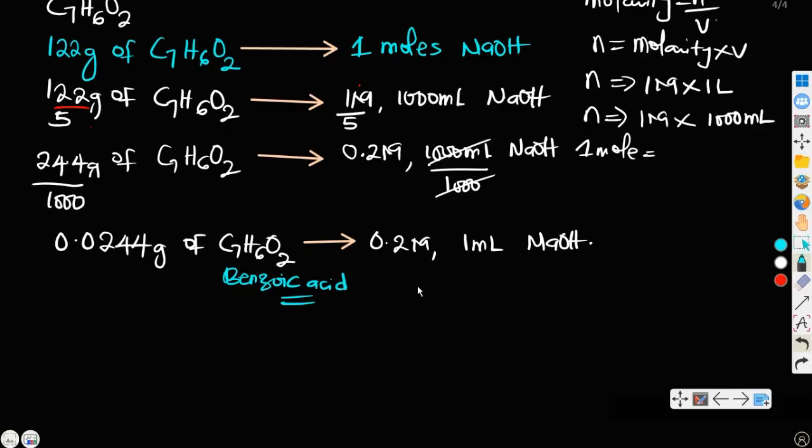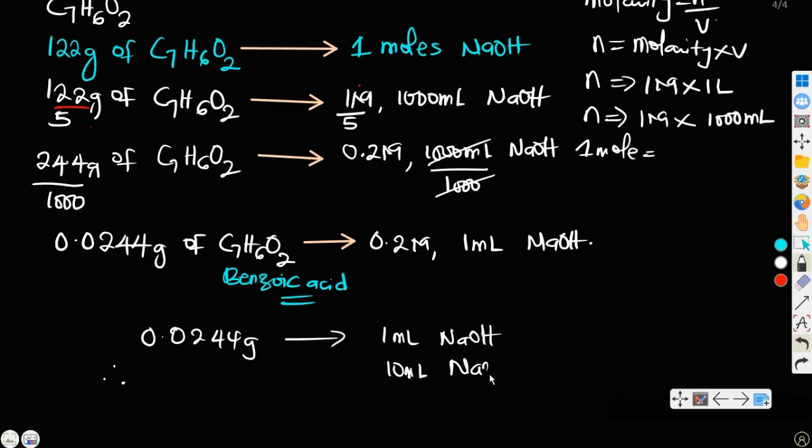How about if I now have 10 ml of sodium hydroxide? With understanding now, you can just say 1 ml, 0.0244 gram of benzoic acid reacts with 1 ml sodium hydroxide by standard. Therefore, you are now going to come here. Let's say your theta value for sodium hydroxide is 10 ml.